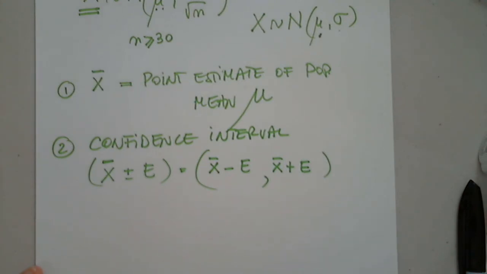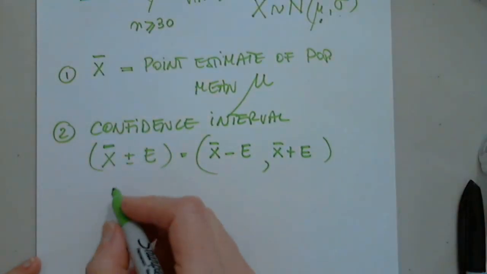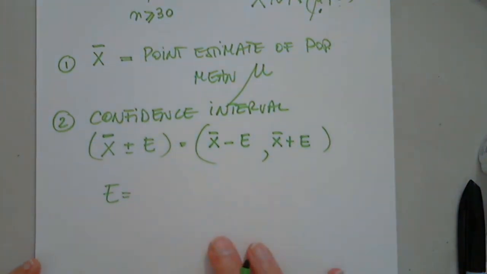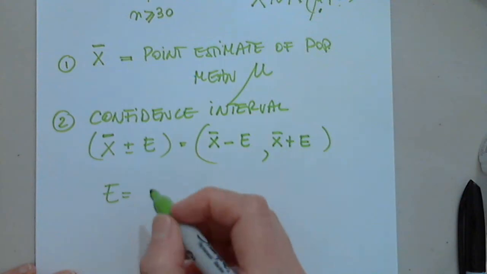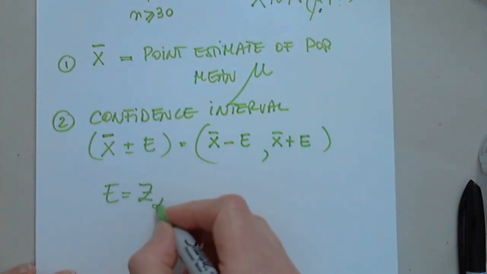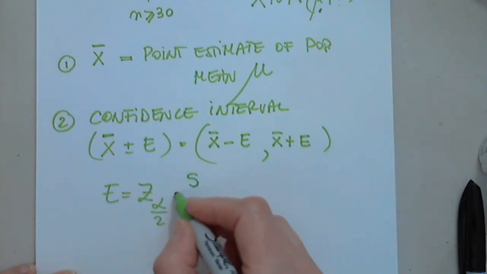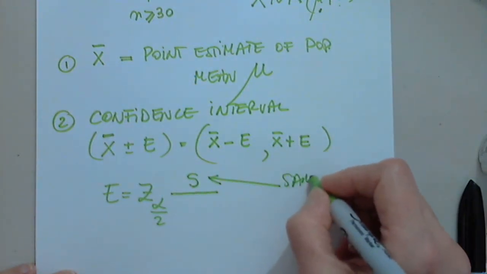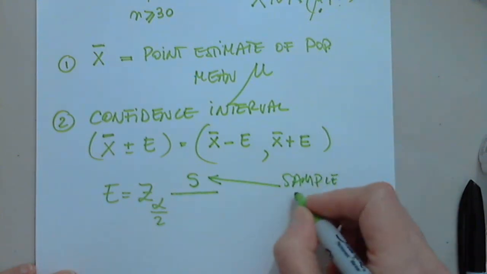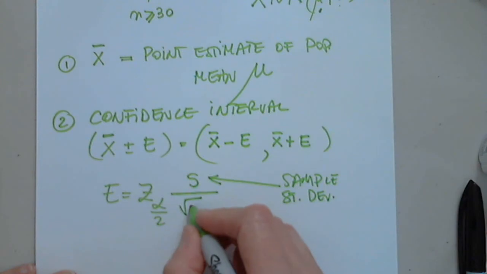Okay, so now how do I determine the margin of error in this situation? If I know that the underlying population is normal, I will immediately use z alpha over 2 times s, the sample standard deviation, divided by the square root of n.